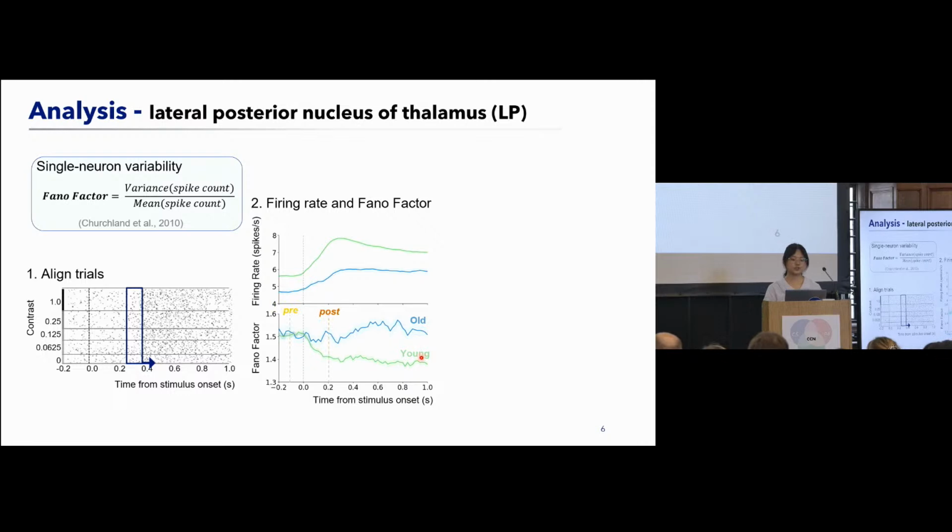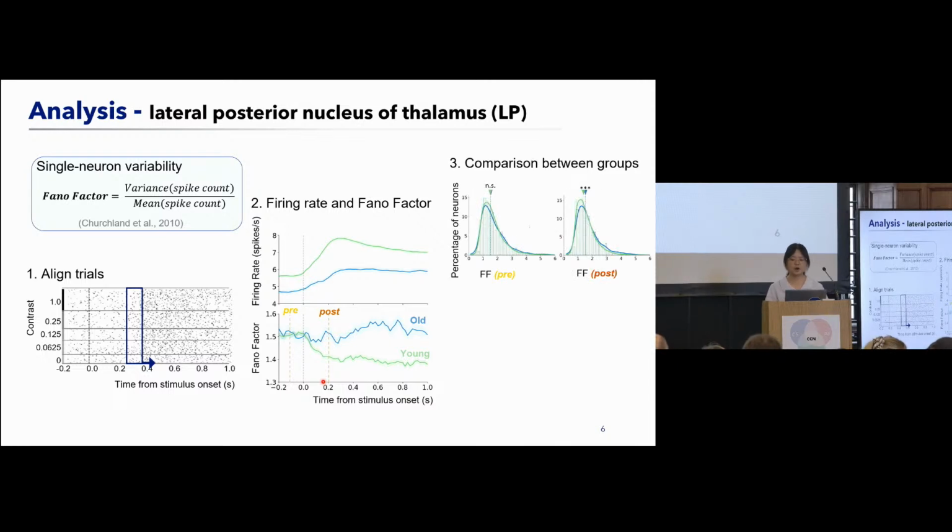Then, if we choose two time points in the time course, one pre-stimulus and another post-stimulus, and plot the distribution of the Fano factor at those two time points separately, the statistical comparison between groups indicates the old mice have larger post-stimulus neural variability than the younger mice.